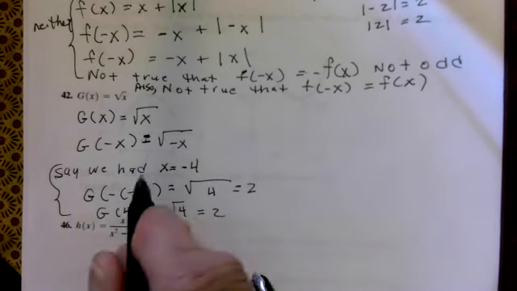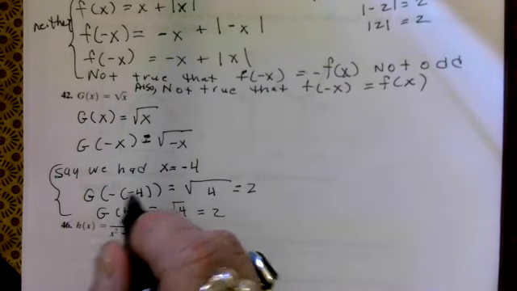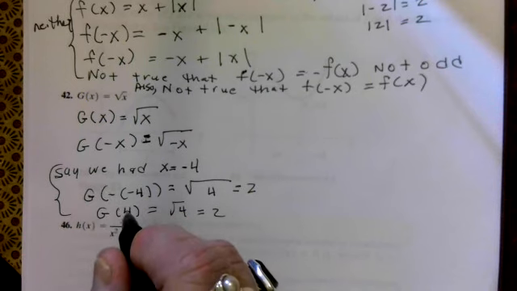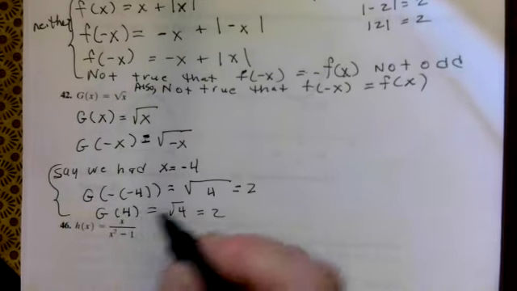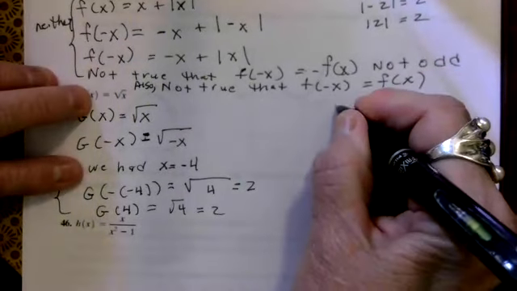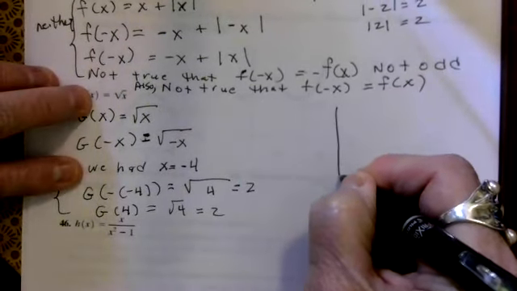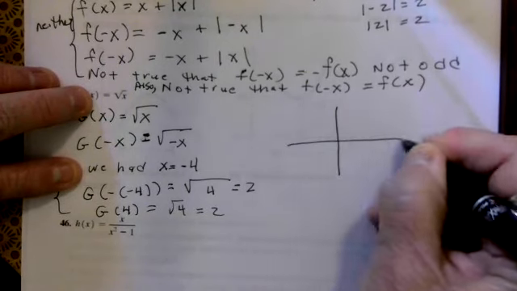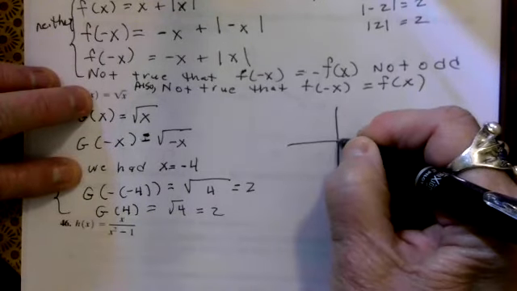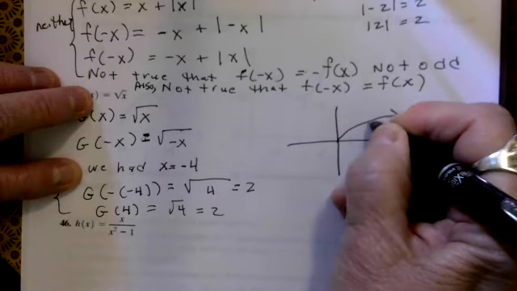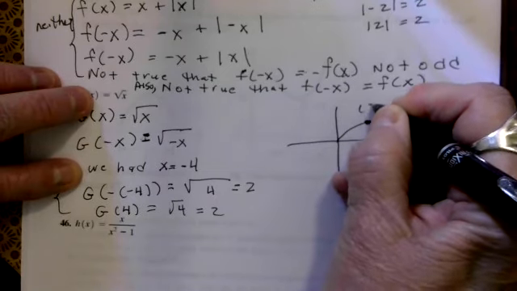Now, let's think about that, because we didn't put a -4 under the square root. The domain of the function would change if we've got negative x. So it looks like this, and it has the point (4, 2).